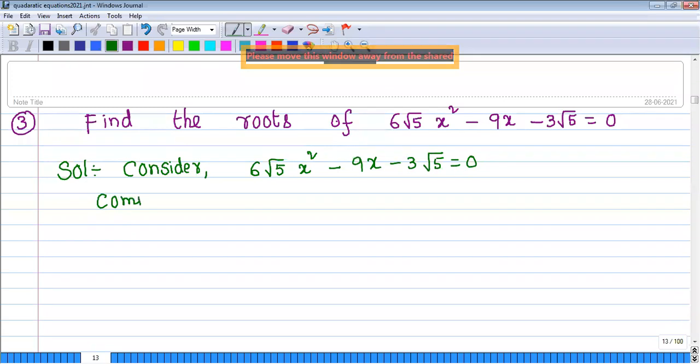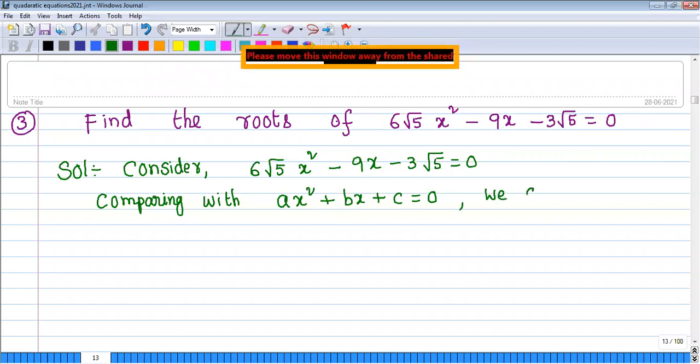Comparing with ax square plus bx plus c equals to 0, then we get a equals to 6 root 5, b equals to minus 9, c equals to minus 3 root 5.